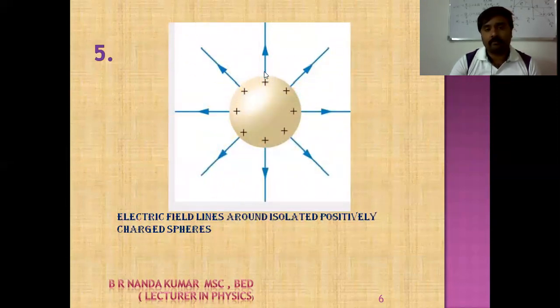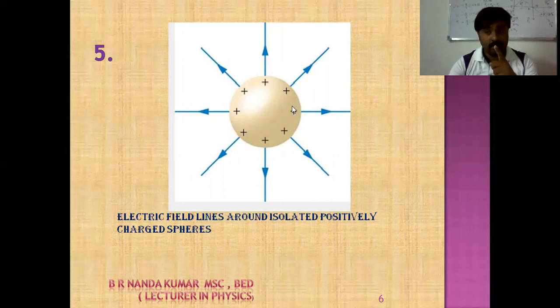The next property: the direction of the electric field is always perpendicular to the surface of positively or negatively charged spheres. The direction of electric intensity is always perpendicular to the surface of positively or negatively charged spheres.